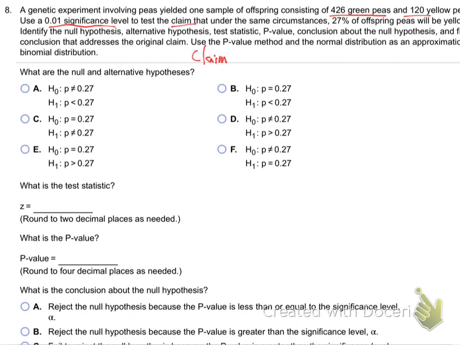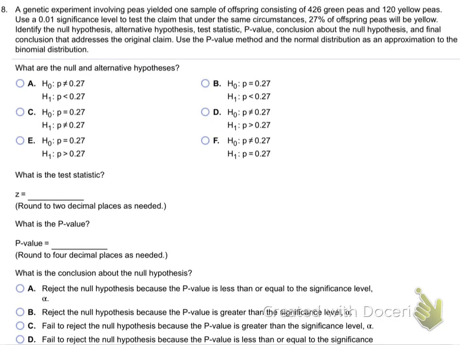The claim is 27% of offspring peas will be yellow. So the proportion that's yellow will be 0.27. That's the claim.